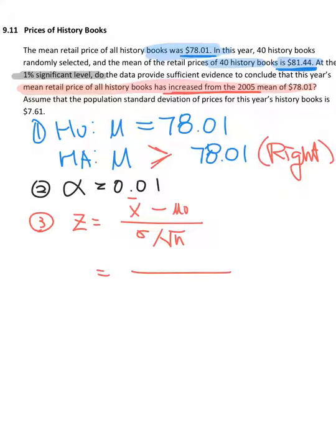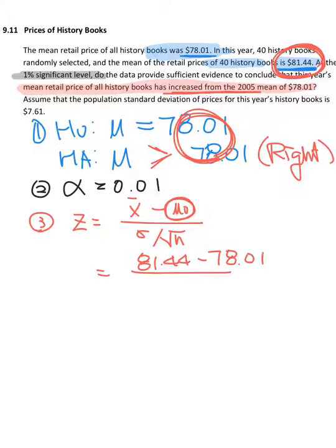What was the sample mean? 81.44 was the sample mean. What was mu0? The mu0 was in the hypothesis, the given population mean, 78.01.